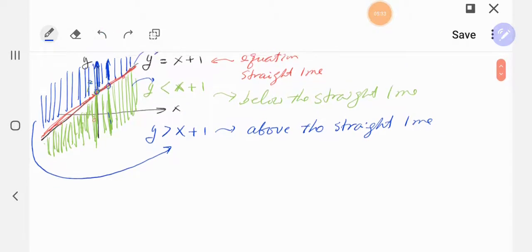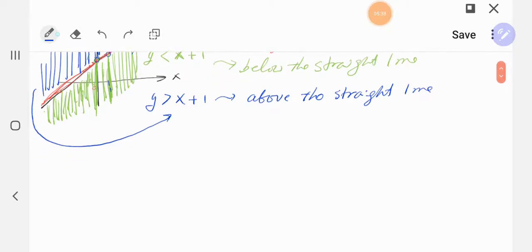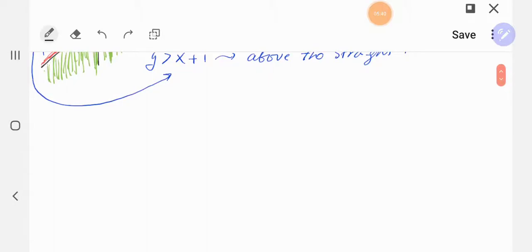All right, let me draw another line like this. Y is less than x. What is the graph of this? That is x, y, right? This is the y equals x graph.